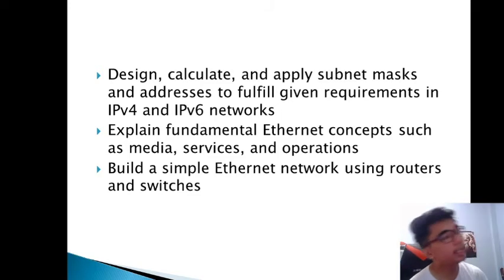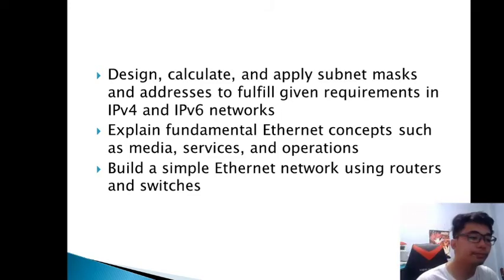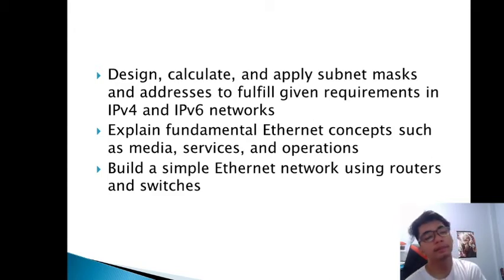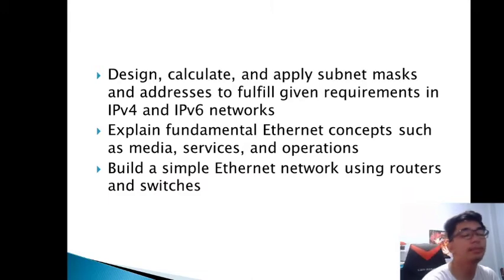In some Packet Tracer activities, there is an addressing table, but the addressing table is not complete, and you are the one who needs to compute the IP addresses of that table, for the end devices or intermediary devices.